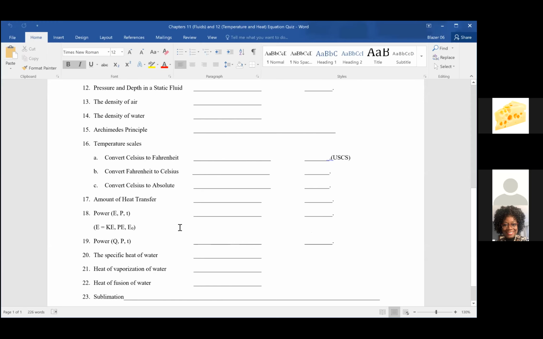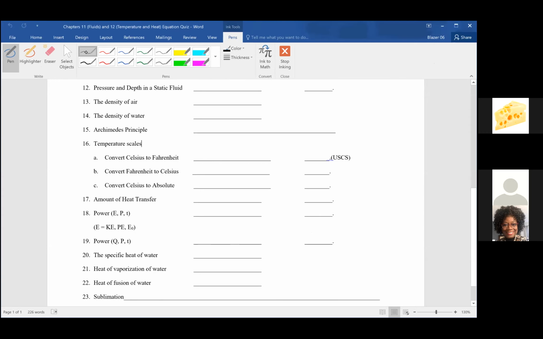Okay, so I said convert Celsius to Fahrenheit. In other words, I want the temperature to be, hold on, let me find my pen. I want my temperature to be temperature Fahrenheit from temperature Celsius.